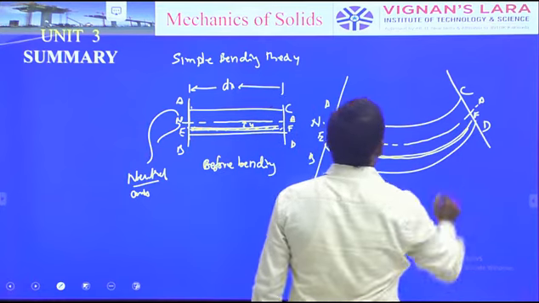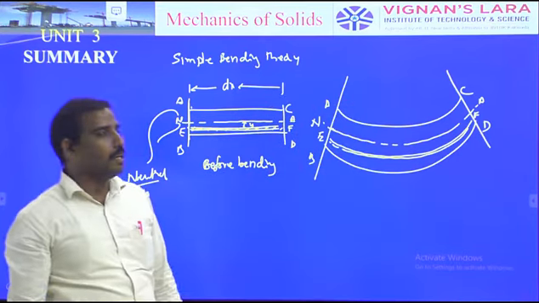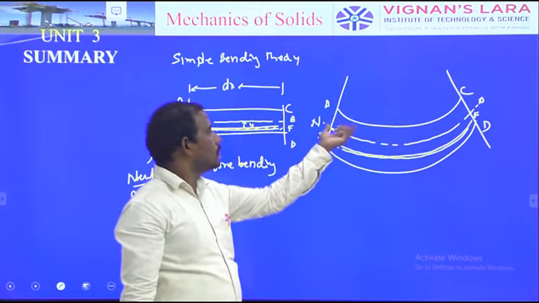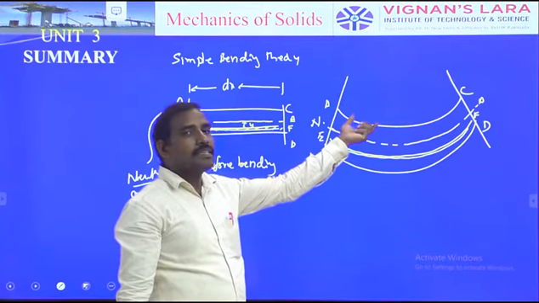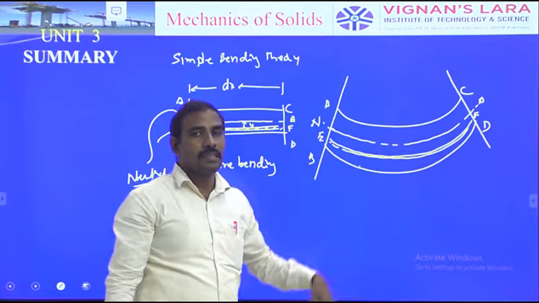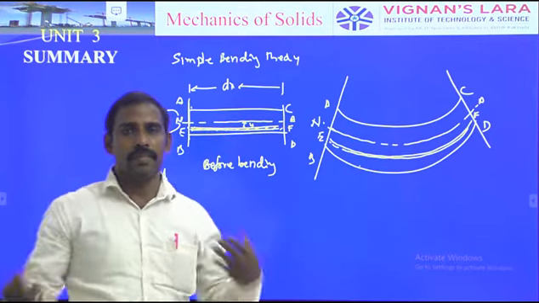This is EF. If you observe all the layers, this layer decreases in length, this layer increases in length. It means there is a deformation.